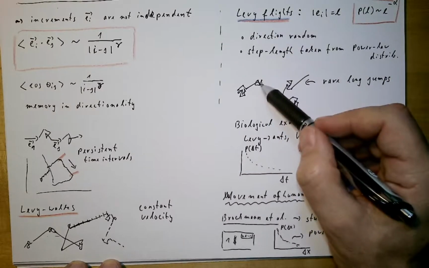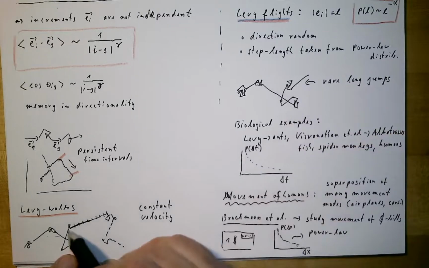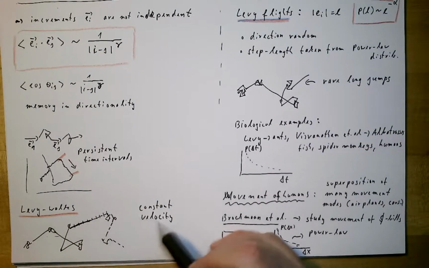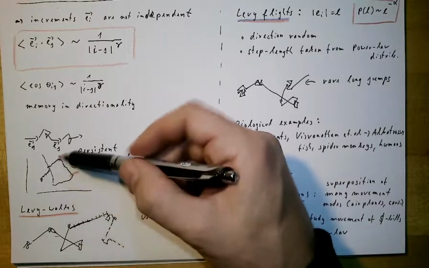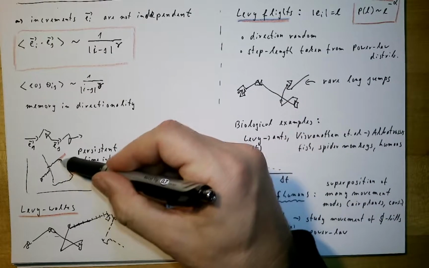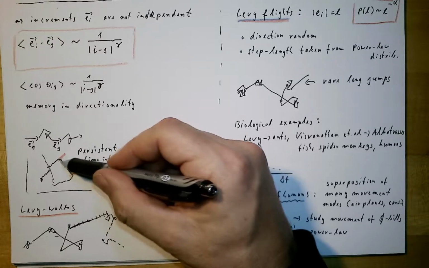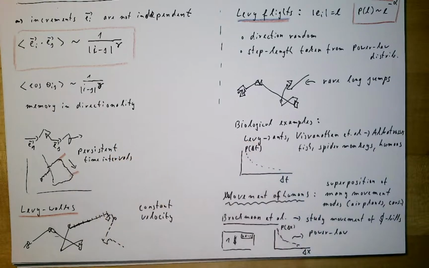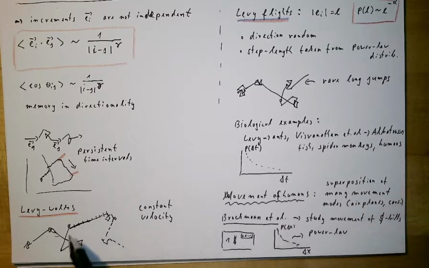So here the animal is really flying to a different place, and here it's walking. The Levy walk really is a good model for long-range correlation, where for a long time there is a persistence in the directionality. And these Levy walks are very often seen in animal movements.